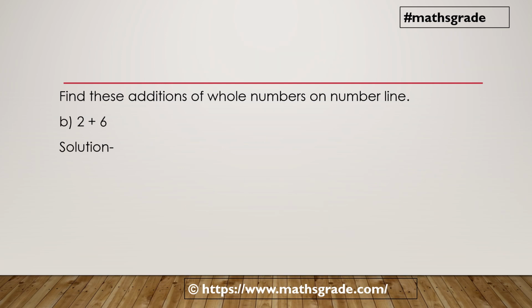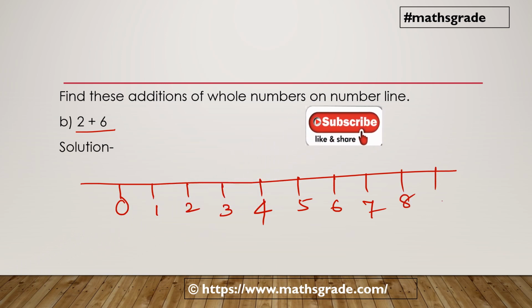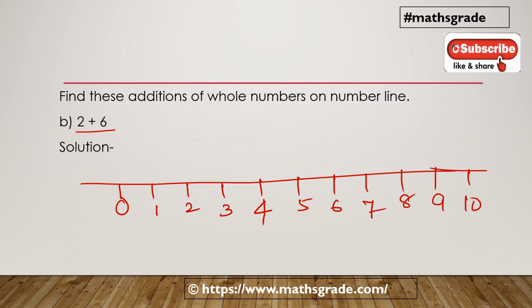Now the second one, B, 2 plus 6. First draw the number line. Whole numbers start with 0, then 1, 2, 3, 4, 5, 6, 7, 8, 9, 10. 0 to 2, then 6: 1, 2, 3, 4, 5, 6. 2 plus 6 is 8.